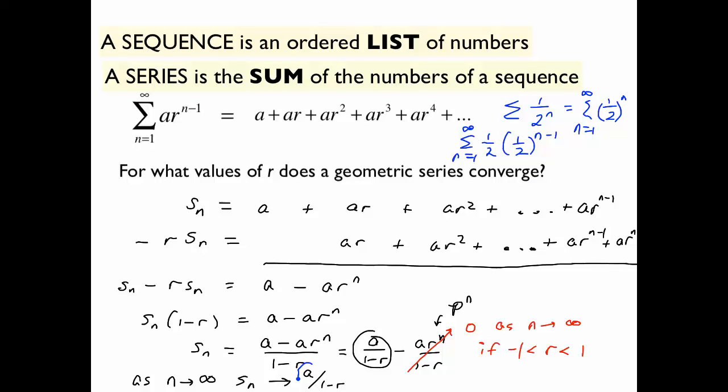And so now we can say, look, r is between -1 and 1, so this converges, right? That's our r value. And what does it converge to? A over 1 minus r. What is A? 1/2. So both A and r are 1/2. So A over 1 minus r equals 1/2 over 1 minus 1/2, which is 1/2 over 1/2.